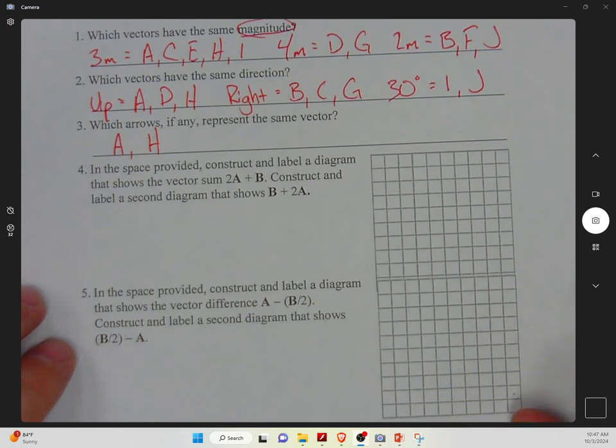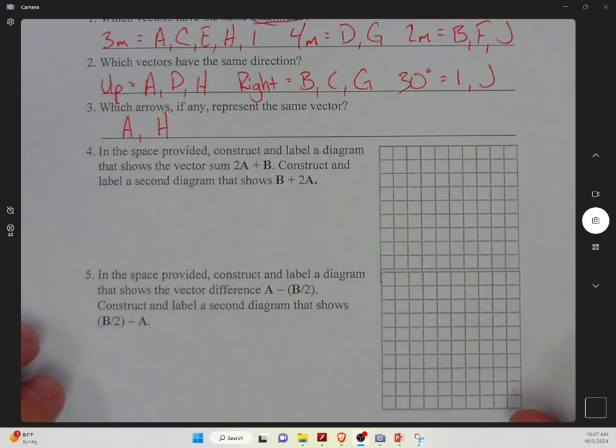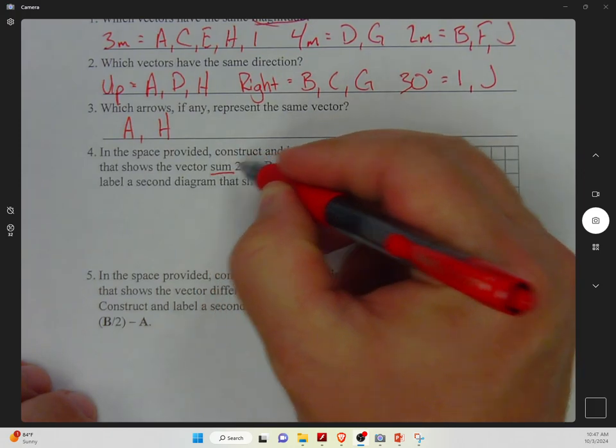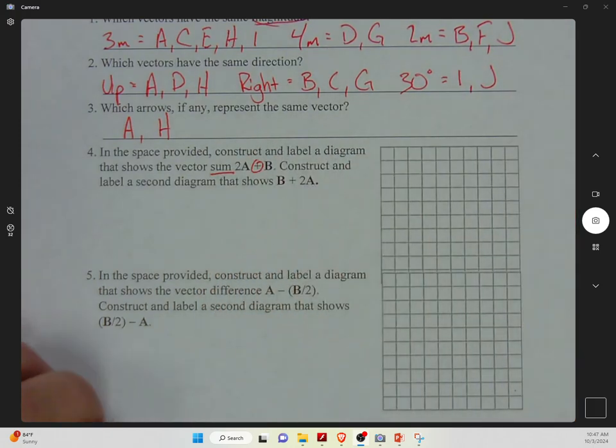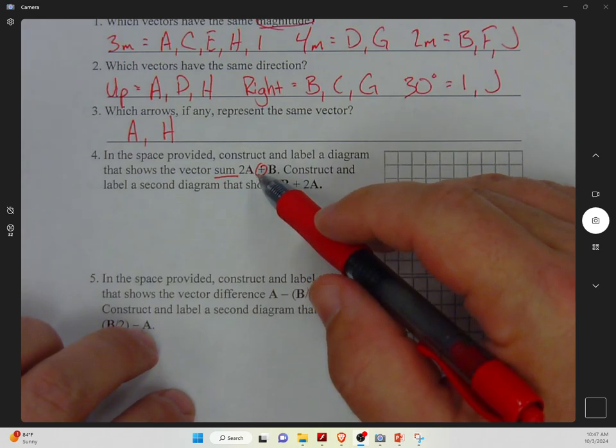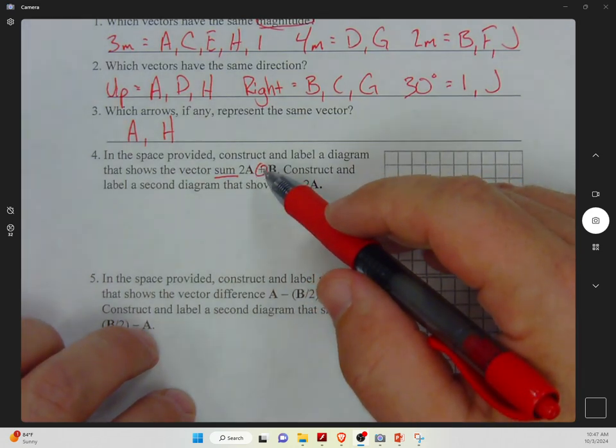All right, so now we're going to build our own vector diagrams here. In the space provided, so right here, construct and label a diagram that shows the vector sum, right? Vector sum 2A plus B. Now, how's this going to work? We all know that A is up. Well, what's 2A?